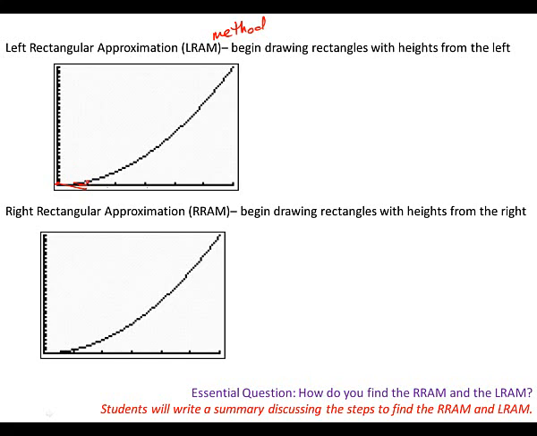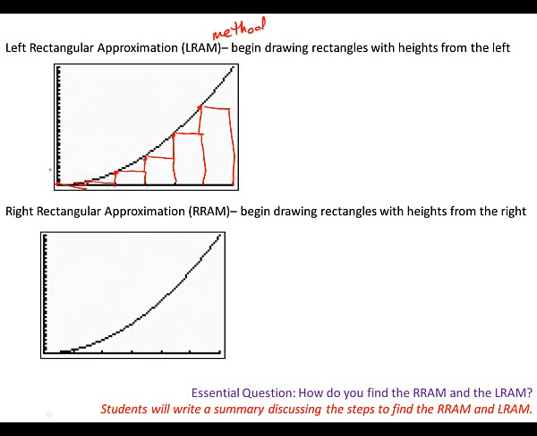My next height, I go up to the curve and draw a height over. From here, I go up to the curve, and I draw a height over. Does that make sense now? I go from where the x value is, I hit the curve, and I draw the rectangle over. So that's coming from the left.